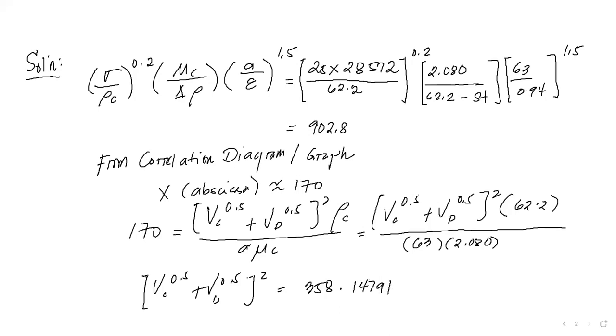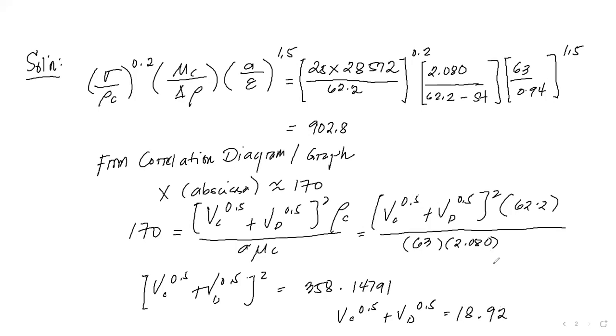0.14791. Okay, if you take the square root of that, your V sub C raised to 0.5 plus V sub D raised to 0.5 would be 18.92. Okay, so it's 18.92.